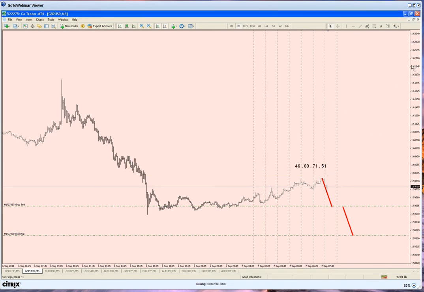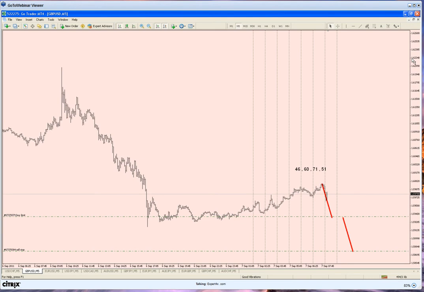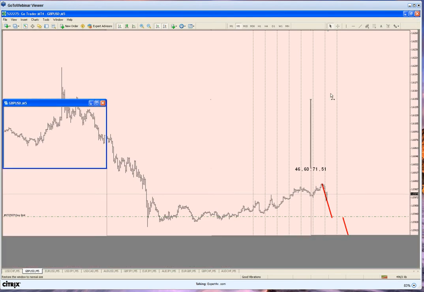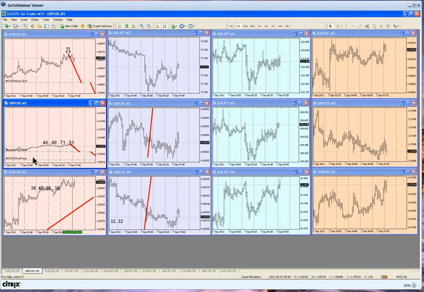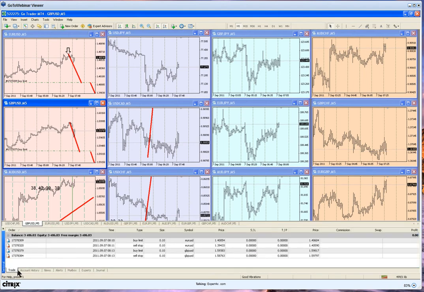All right, so we've got our first two transactions in place, and let's move on. And if you want to see the orders, there they are.